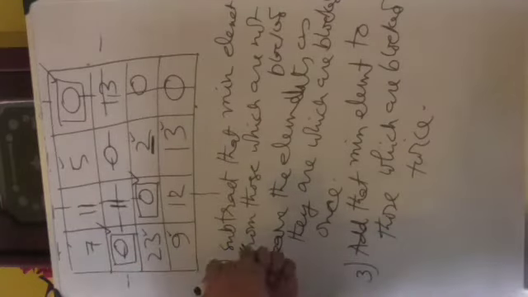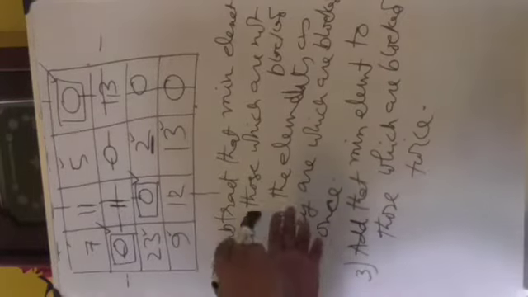Once means either by row or by column. And there are certain elements like this 11 over here. This 11 is blocked twice, both by row and column. So in this matrix, there are 3 types of elements. Either they are not blocked, or they are blocked once, or they are blocked twice.